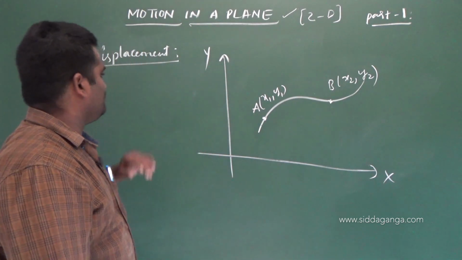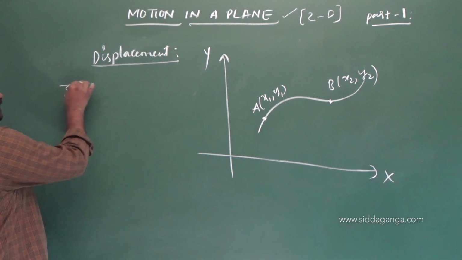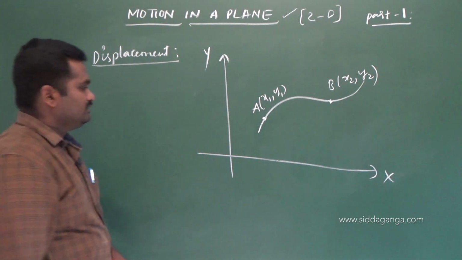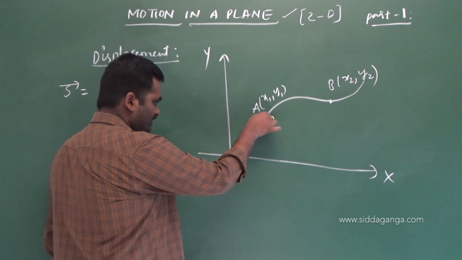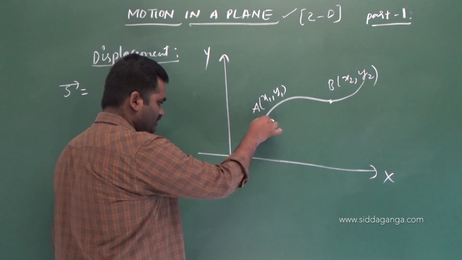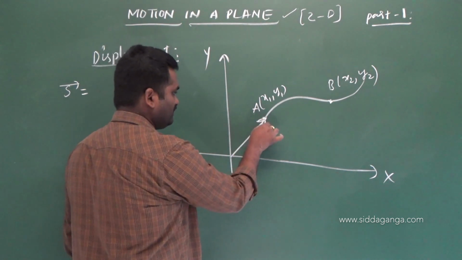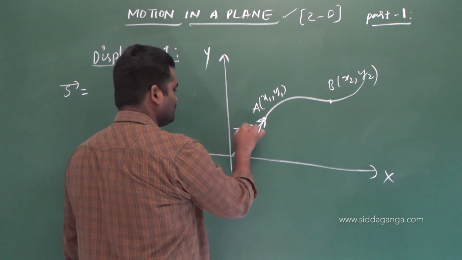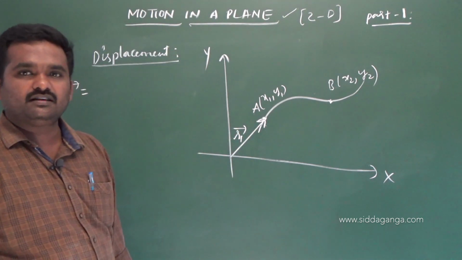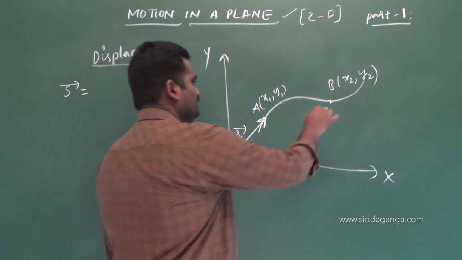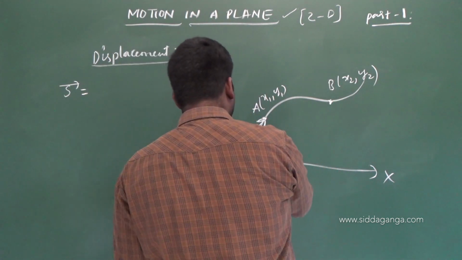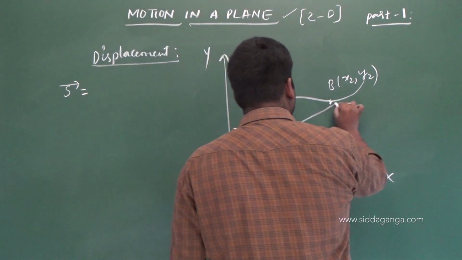When it comes to vectors, in a plane whenever it is moving, you have to write the position vector of this point A here now. What is the position vector here? This is the position vector, R1. And this position vector is with respect to this point, the origin, right?